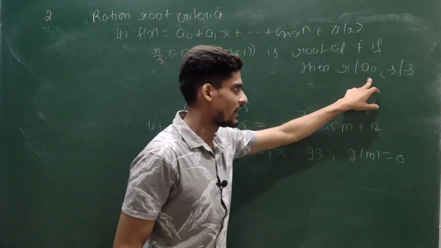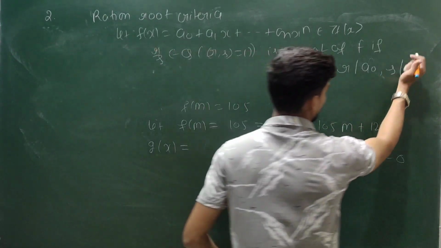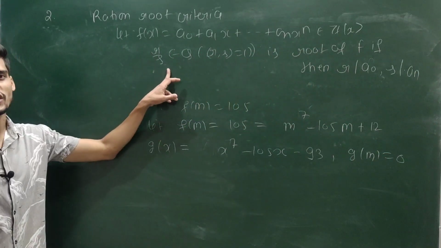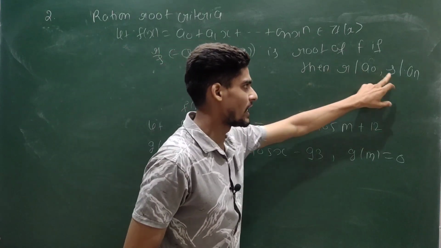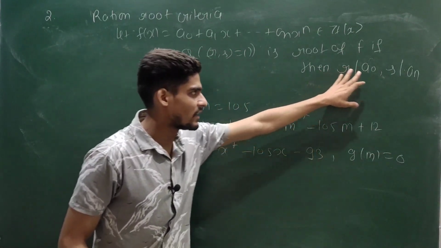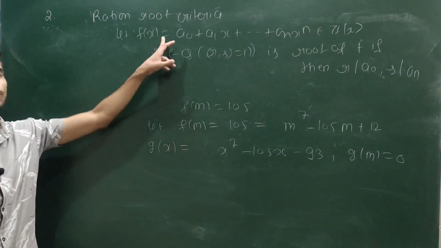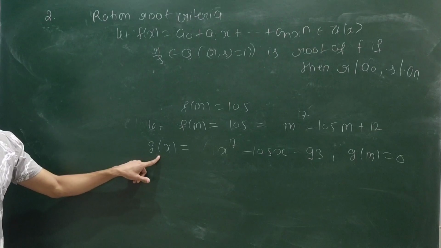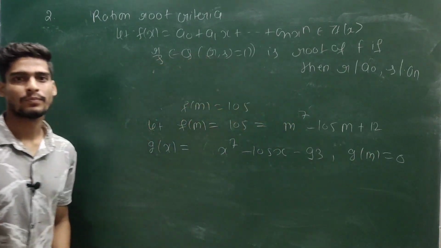Then this R should divide A0 and your S should divide AN, the leading term. So this is the restriction on a rational root. If R does not divide A0 and S does not divide AN, then it will never be a root of this type. This is called the rational root criteria. If I use the rational root criteria on g, you are saying this g is vanishing at point m.